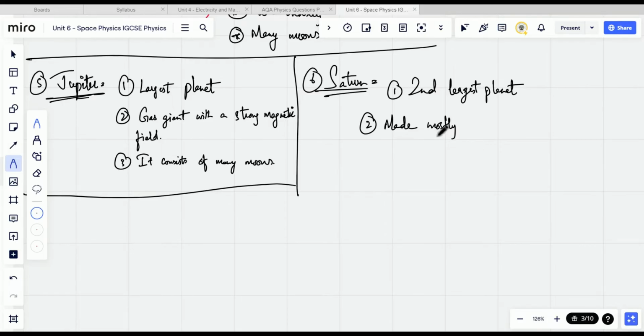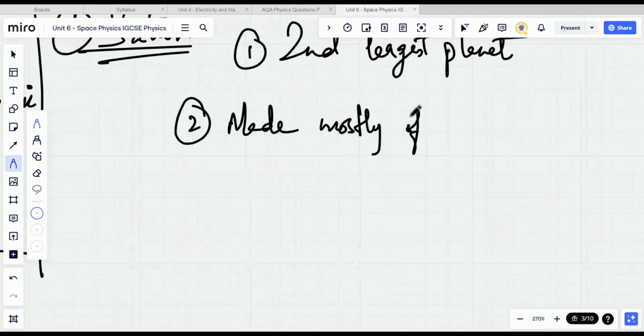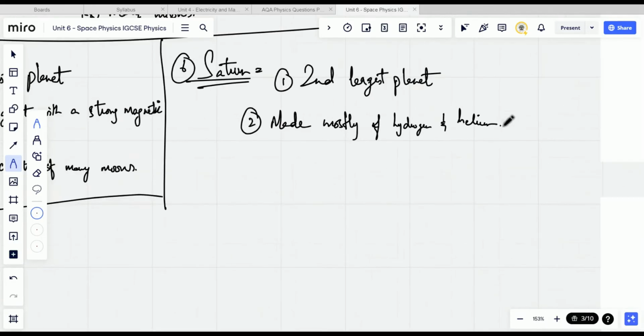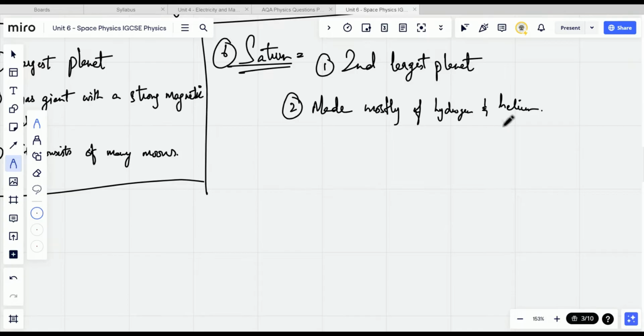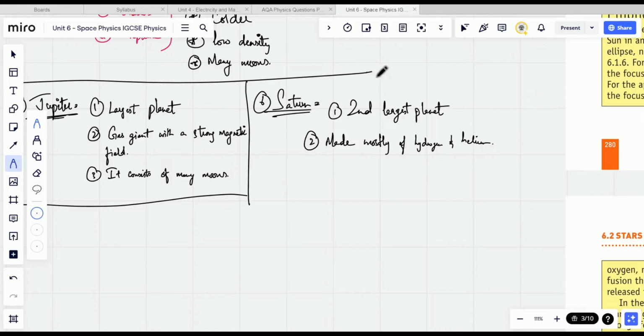Even the Sun. We did talk about fusion. Remember, when two hydrogen atoms collide with each other, they convert into helium, and that produces the fusion reaction and gives off energy. So made mostly of hydrogen and helium. Same is the case with all the stars that we see bright at night. So remember this. Hydrogen and helium play a very important role in the existence of us and the whole universe as well.